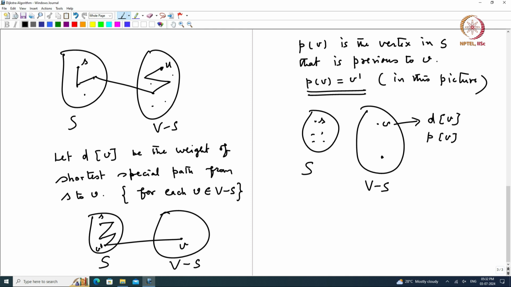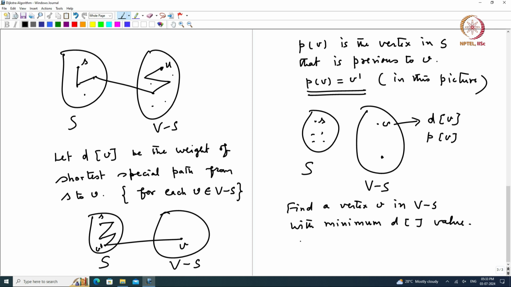The first claim is: find a vertex V in V minus S with minimum D value.